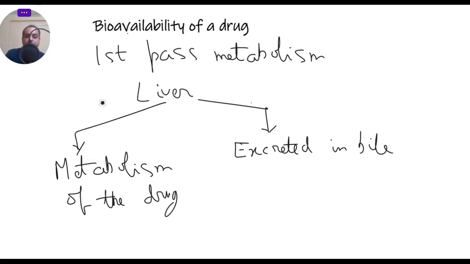So once the drug reaches the liver, there can be metabolism of the drug and it can be excreted in bile, right?